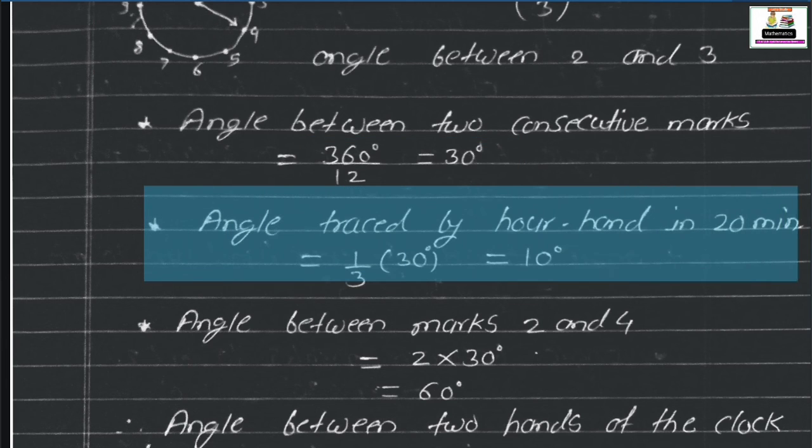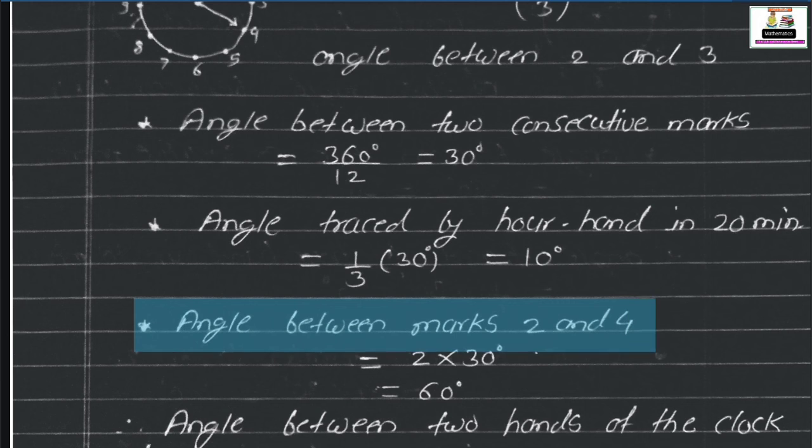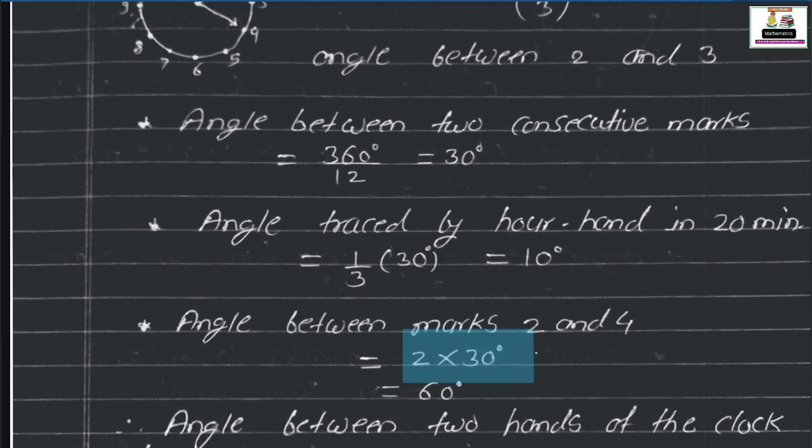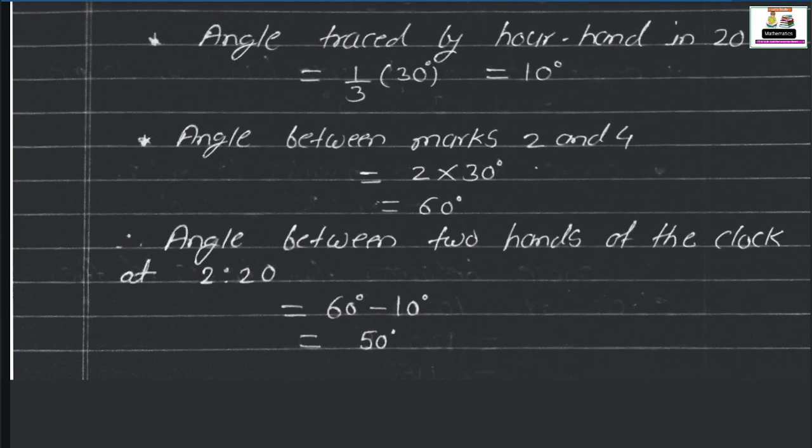Second step, the angle traced by the hour hand in 20 minutes is 1/3 into 30, which is 10 degrees. Third, the angle between mark 2 and 4 is how many parts? 2 parts, so the angle between 2 and 4 is 60 degrees. And last, the angle between two hands of the clock at 2:20 is 60 minus 10, which is 50 degrees. This is the last answer.